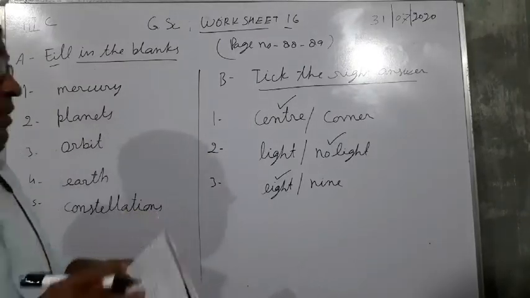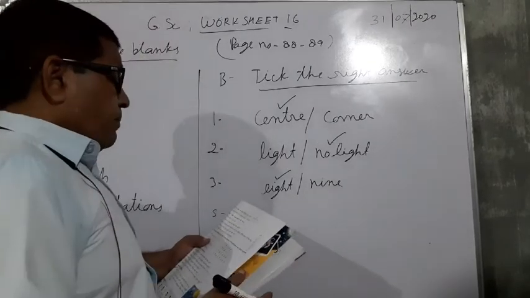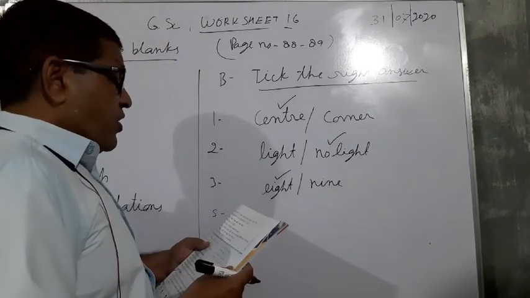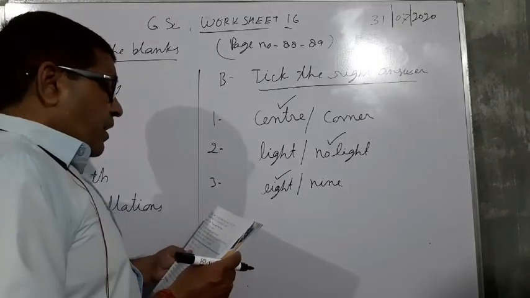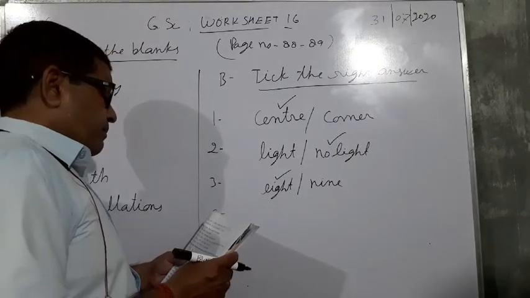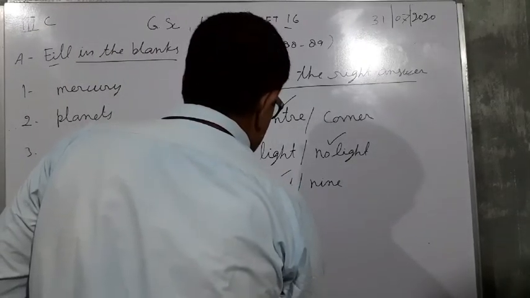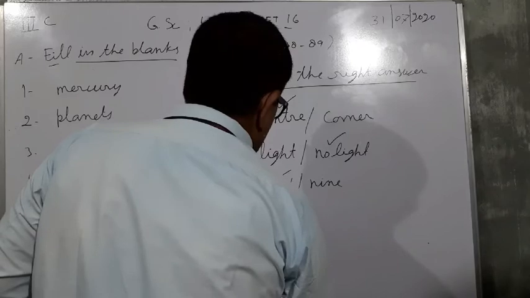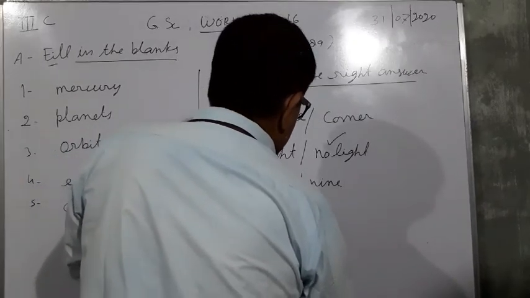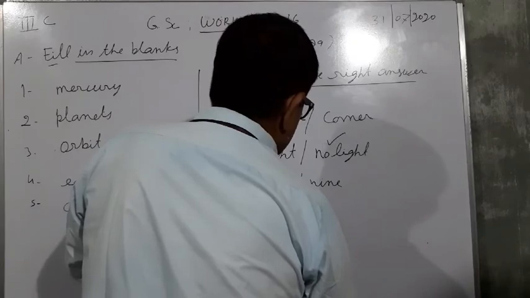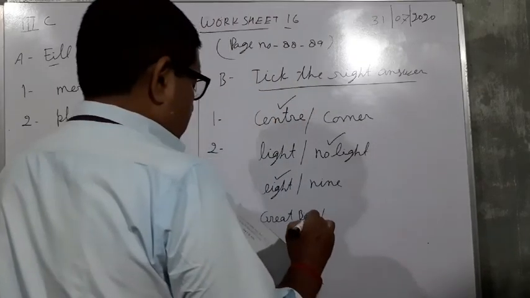Now next one, fourth. The pole star is also called, two options are given: Great Bear or Dhruv Tara.